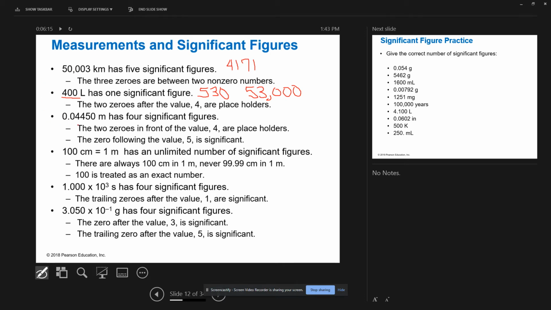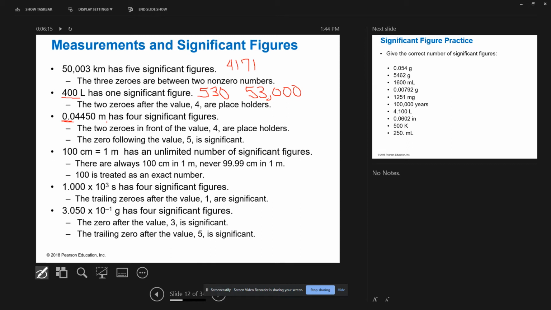Rule number 3 is now we're going to talk about the zeros in front of a decimal number and those that go behind it. Here's what I mean by that. All right, so when I have a decimal number, these zeros here, they're just placeholders.